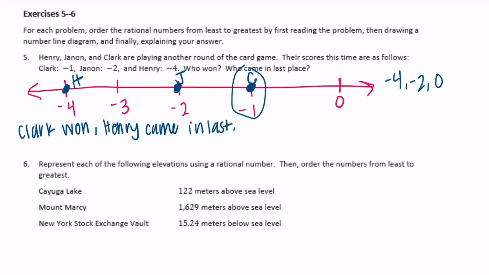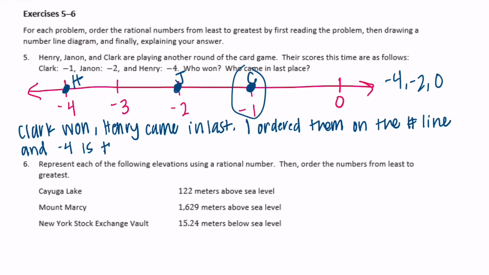And if we want to explain, we can say I ordered them on the number line. And -4 is the farthest from 0.